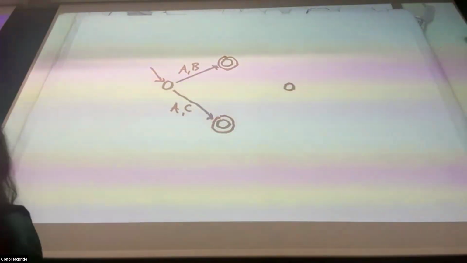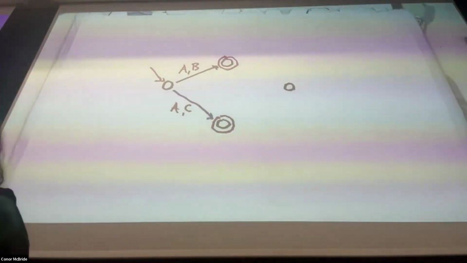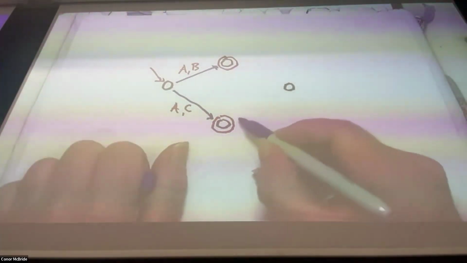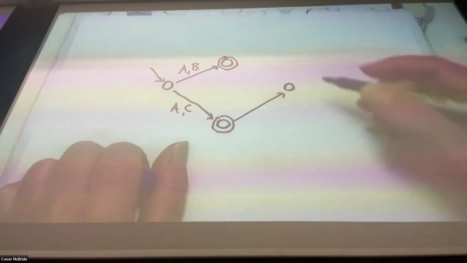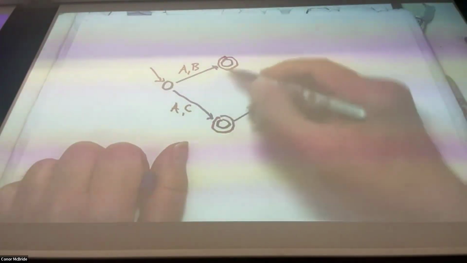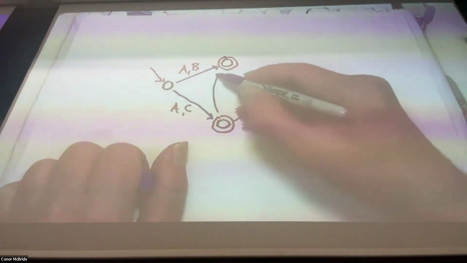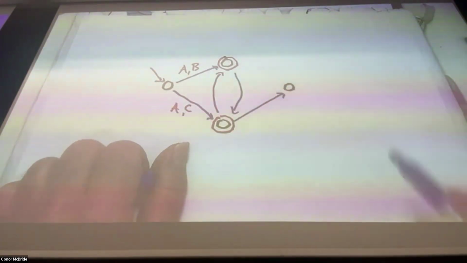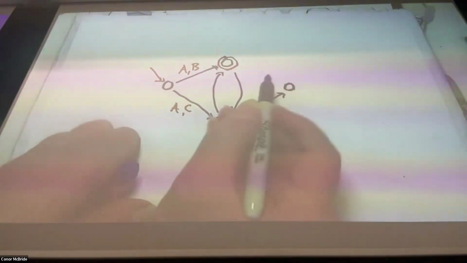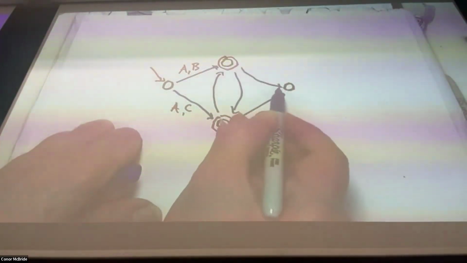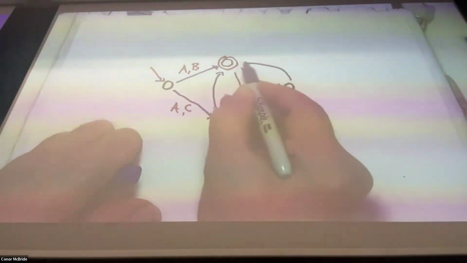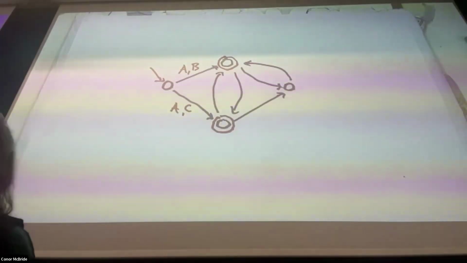Let me just draw lots of arrows and then decide what to put on them. Something like that.